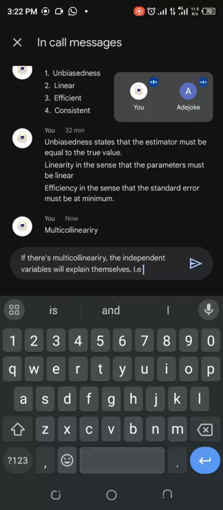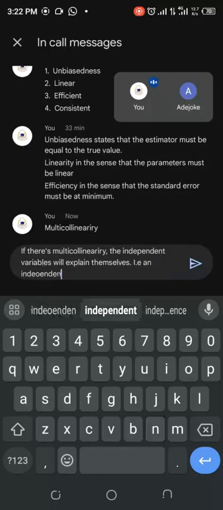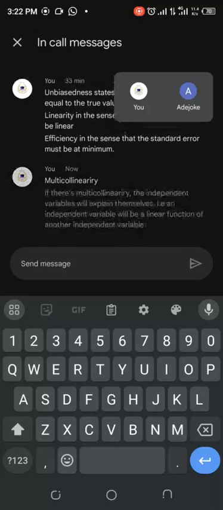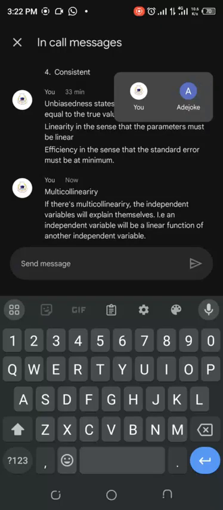That is, an independent variable will be a linear function of another independent variable. If there's multicollinearity, the independent variables will explain themselves. That is, an independent variable will be a linear function of another independent variable.